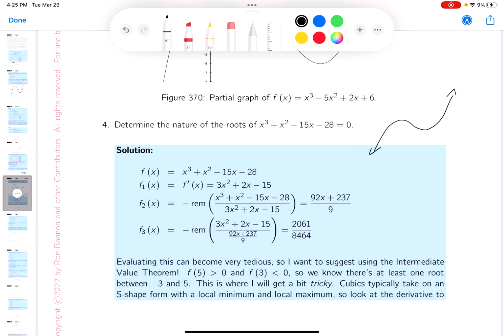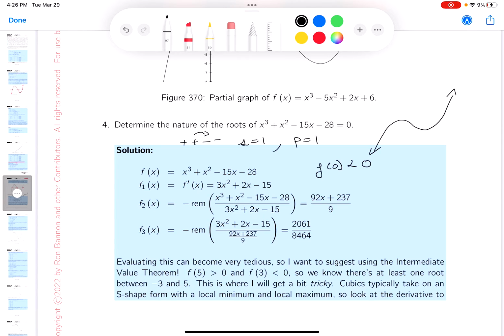If you use Descartes' rule of signs, let me put plus, plus, minus, minus, and s equals 1, so I have one positive root. It's not that bad to look for. If you do f of 0, that's clearly negative.